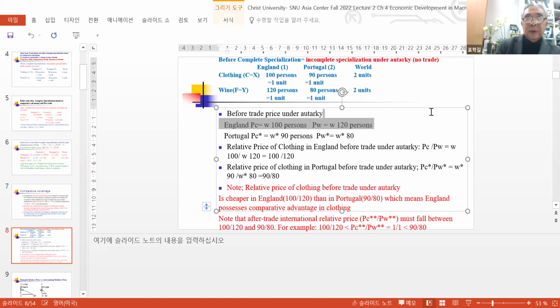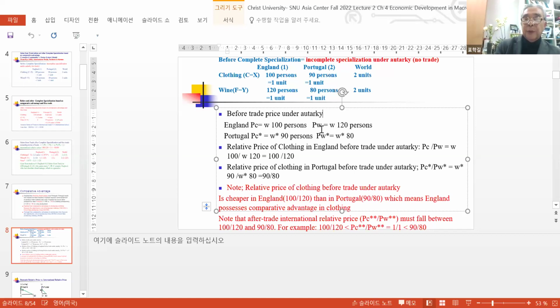For example, the price before trade under autarky: the price of clothing in England should be wage rate times 100, since 100 persons are required to produce 1 unit of clothing, so PC is W times 100. In England, PW should be the wage rate times 120.